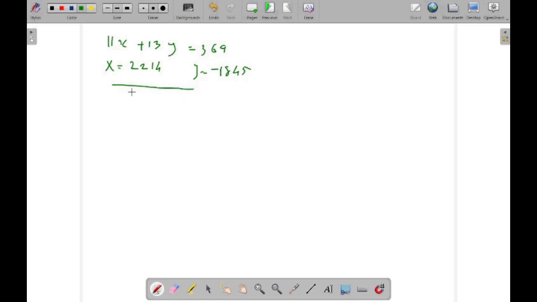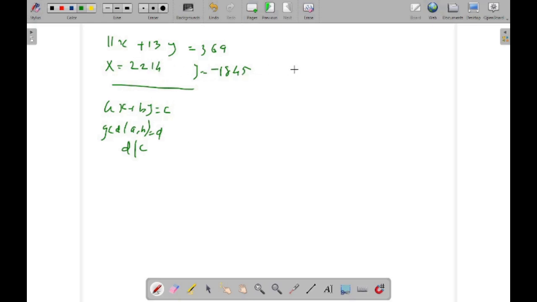Then in general our equation is ax plus by is equal to c. We know this has a solution if the GCD of a and b is equal to d, and this d divides c. Then only can we expect infinitely many solutions.